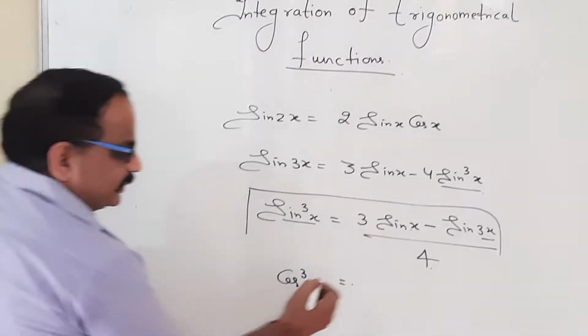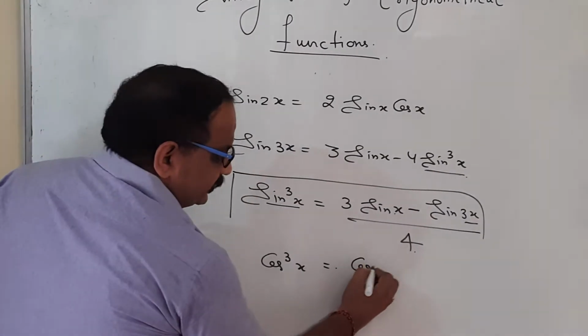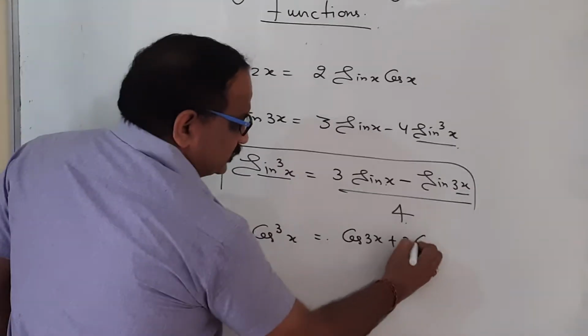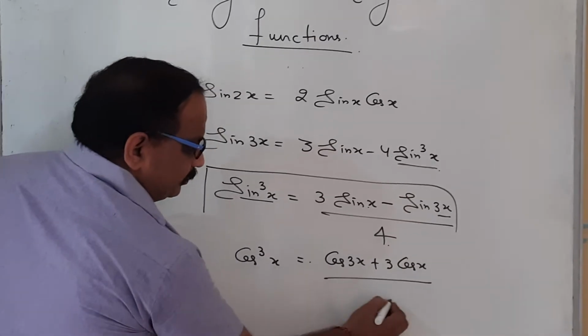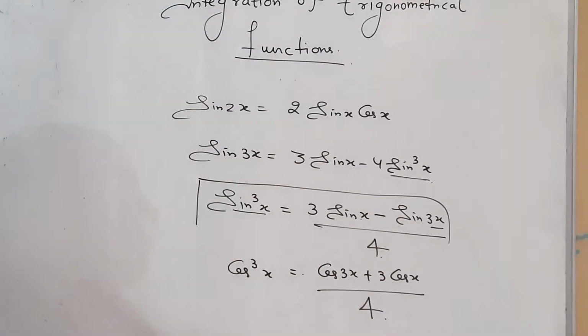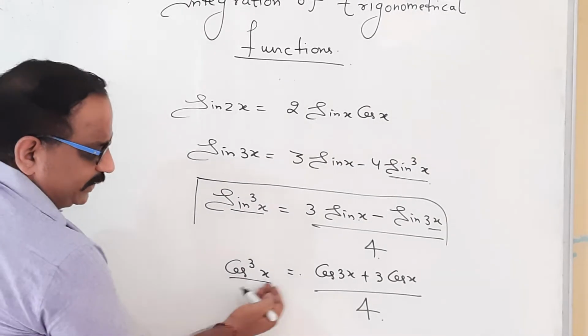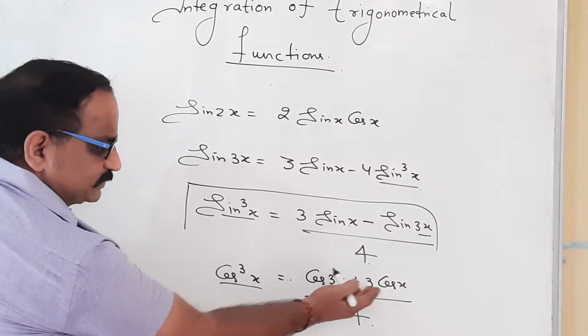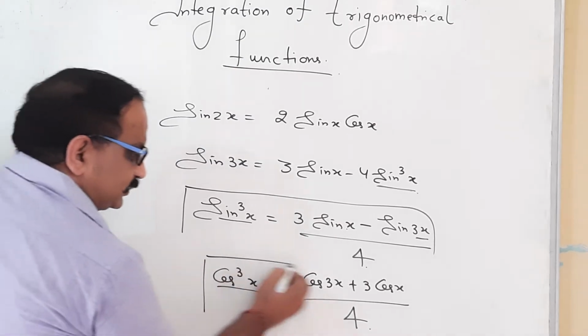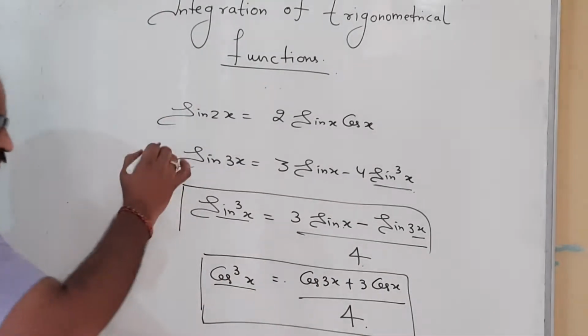Cos cube x comes to cos 3x plus 3 cos x upon 4. In place of cos cube x, we can directly substitute cos 3x plus 3 cos x by 4. That is also useful in integration.